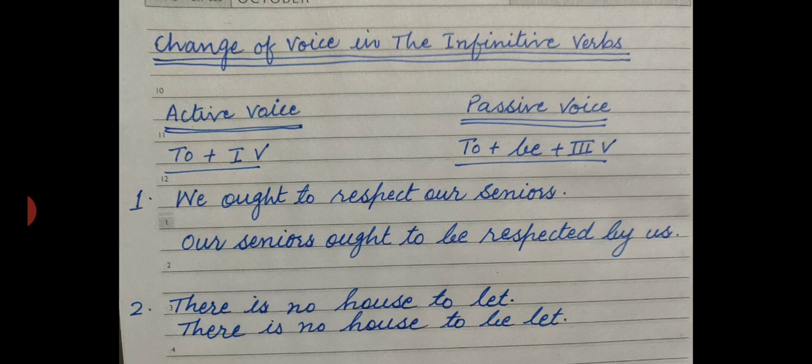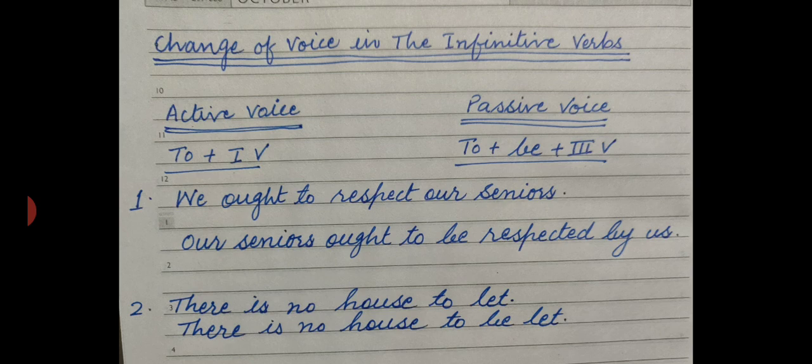If you are taking it as modal, then also with a modal auxiliary we have to use be. If you are taking it as infinitive, again we have to use to plus be plus third form of verb. Our seniors ought to be respected by us. Is it clear? I hope there is no problem. The format is given, the structure is given.